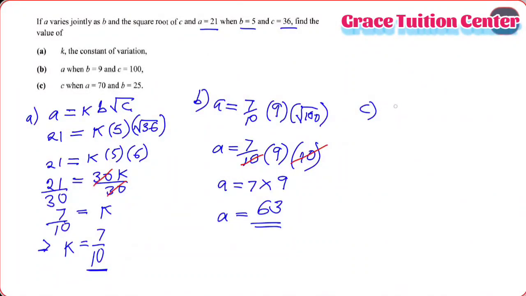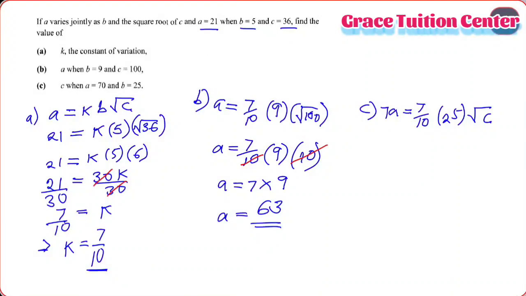So we get our formula, we write a is equal to 7 over 10, then we have 7 over 10, where there's b, we put 25. So we have here multiplied by 25, then square root of c. So we can just put the actual value of a here.